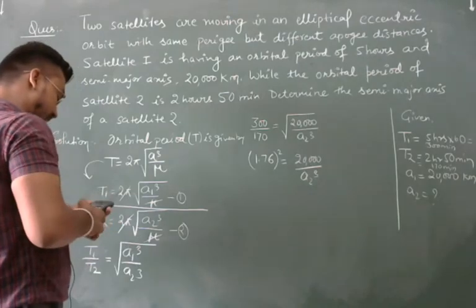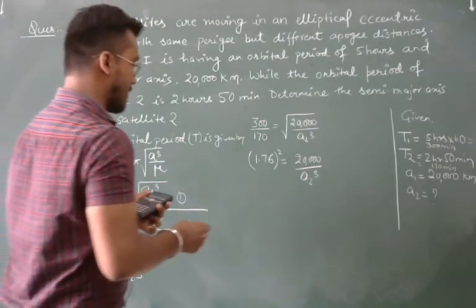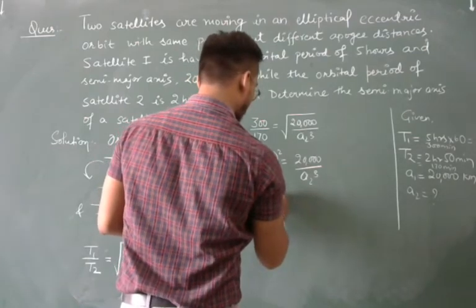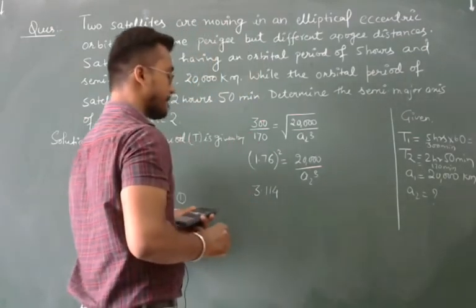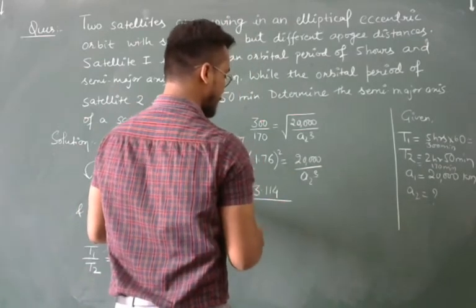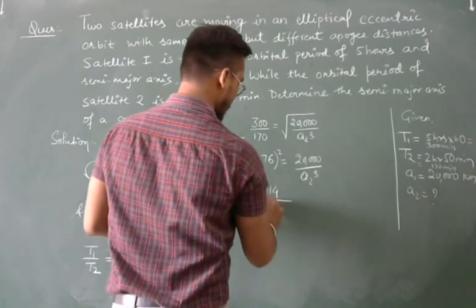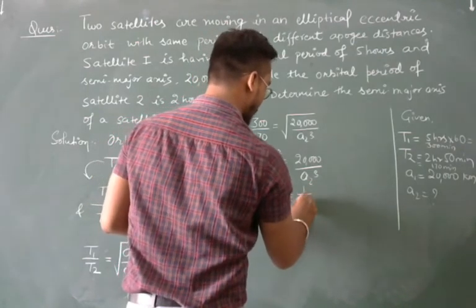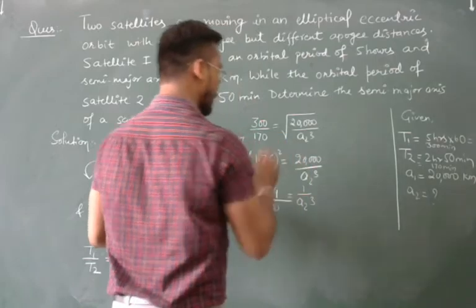So while squaring, we have 3.114 upon 20,000 is equal to 1 upon A2 cube.